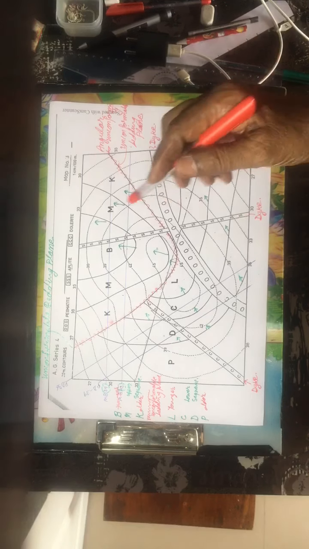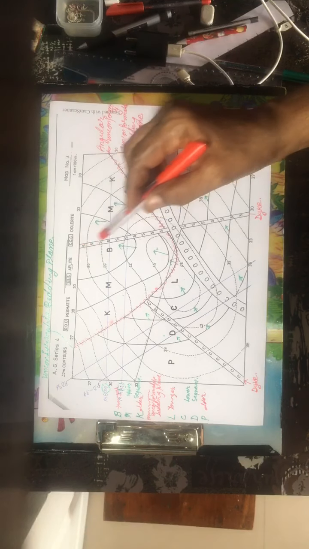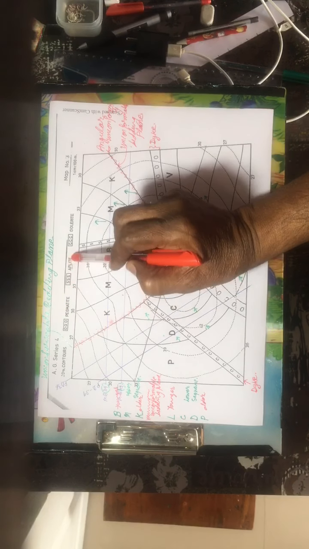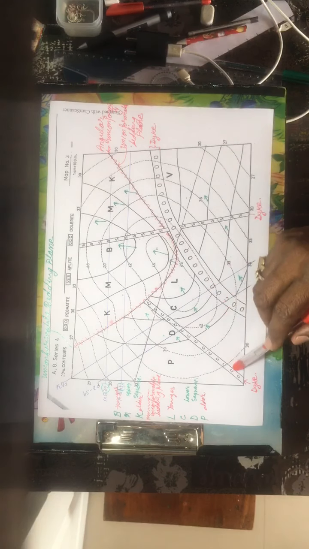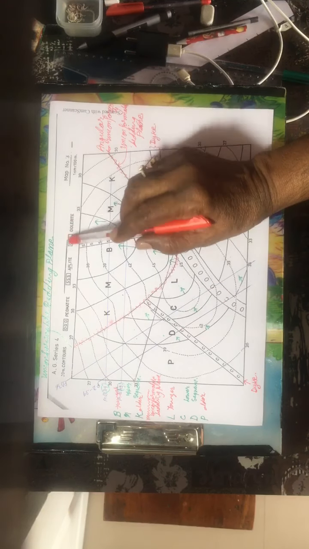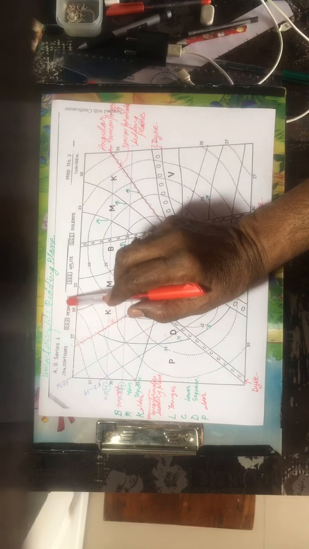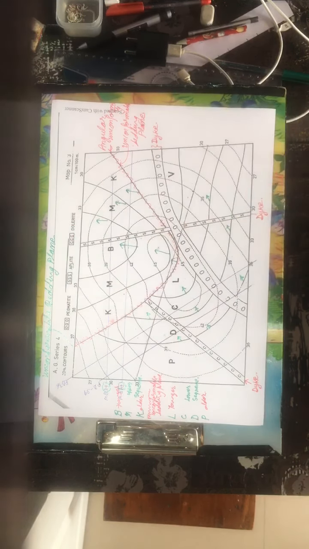There are 3 dikes also. This SS indicates one dike, which is written here: Aplite dike. Then CCC is a dolerite dike, and there is another one, a pegmatite dike. These dikes took place during the origin of this area.